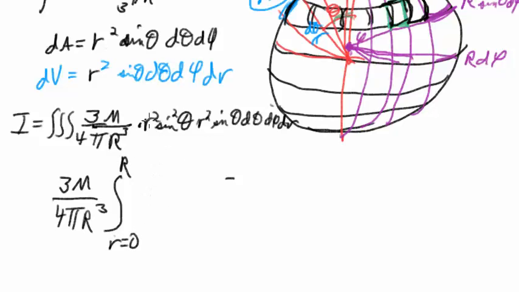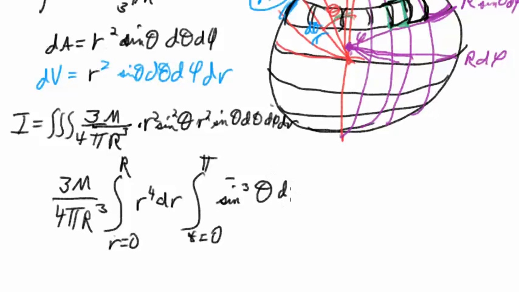We're going to have r to the fourth dr, and then the integral with respect to theta going from the north pole to the south pole. And we're going to have a sine squared times sine, or sine cubed of theta, d theta. And then we're going to have the integral with respect to phi, which goes all the way around this sphere. Phi equals 0 to 2 pi, and that's going to be d phi.